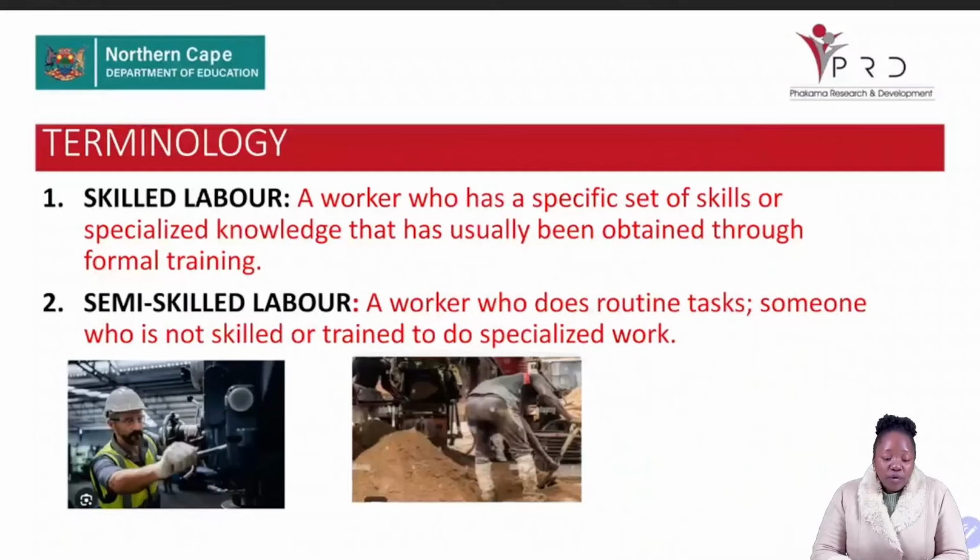So it's someone who is not skilled or who is not trained to do specialized work. So there you've got pictures. One is the one who is skilled, and the other one is the one who is semi-skilled, because these ones do routine tasks, which means they are helping those who are skilled.